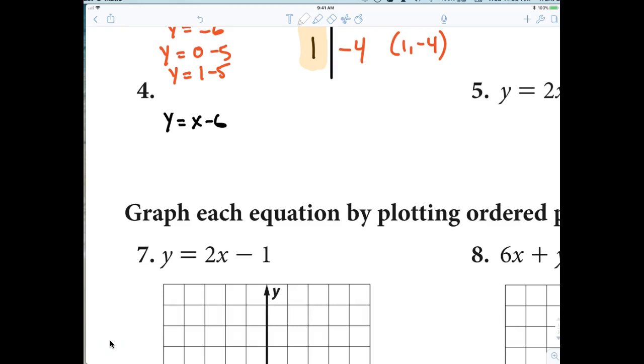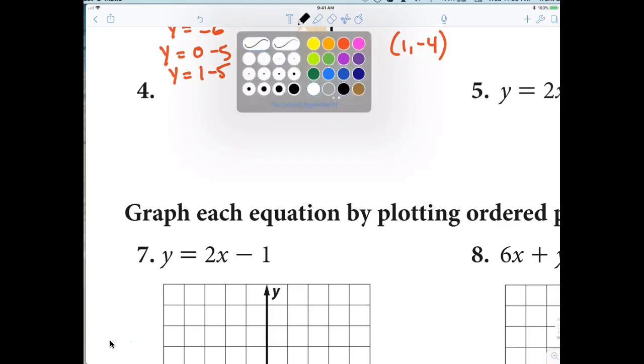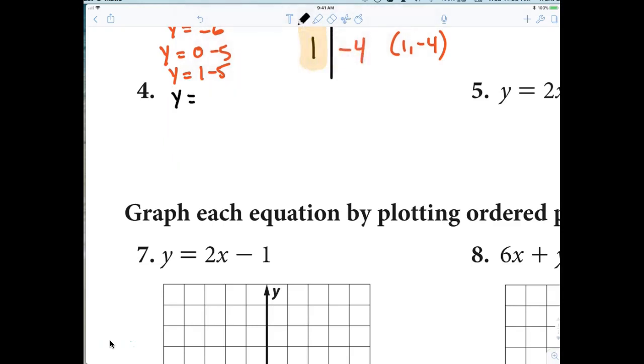I want you to change it to y equals x minus 6. I'm writing it right now. Y equals x minus 6. All right, is everybody good with that?